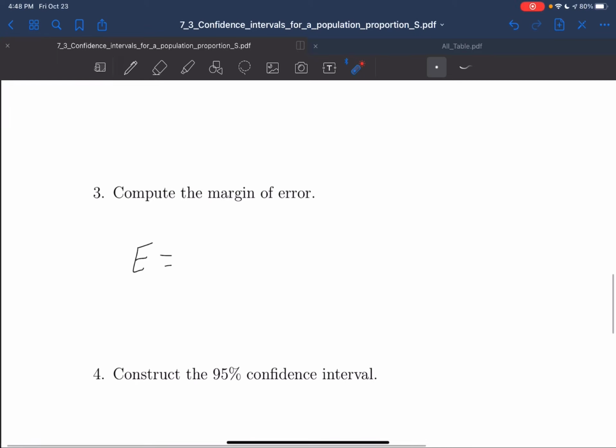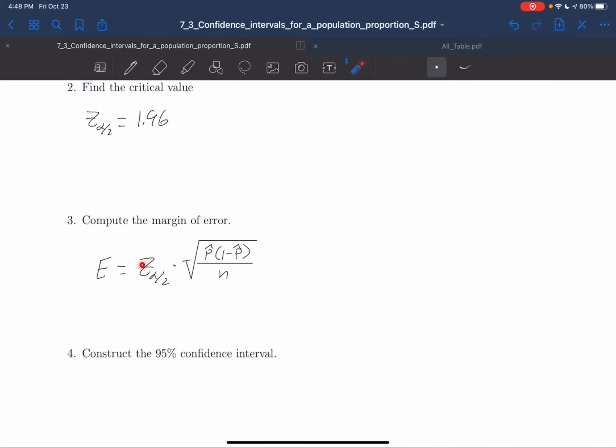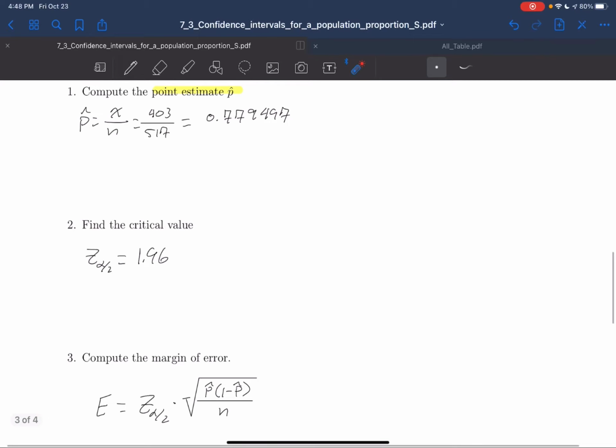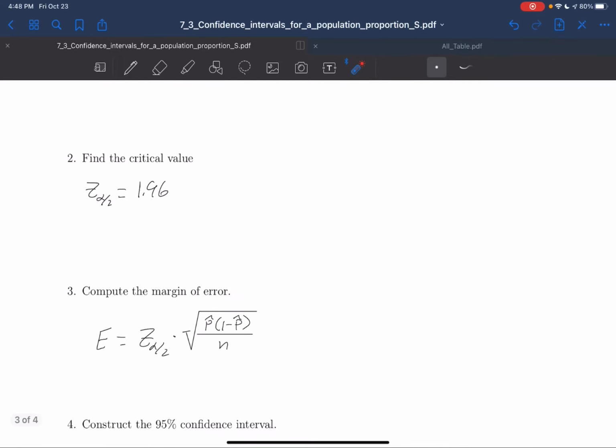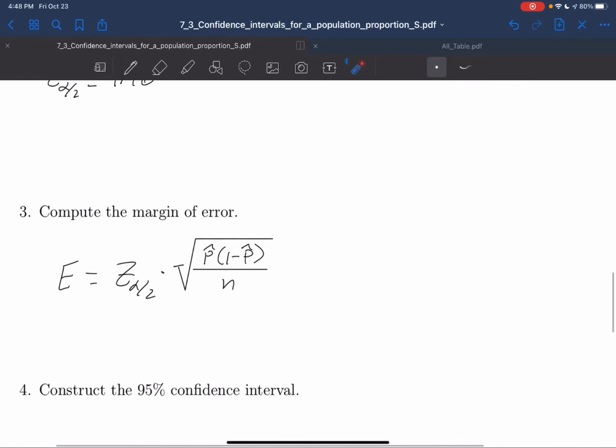So this is equal to z of alpha over 2 times the square root of p hat times 1 minus p hat all over n. Do we know our critical value? Yes, we do. Do we know our p hat? Yes. And we know our sample size, which is 517. So now we're able to compute our margin of error.